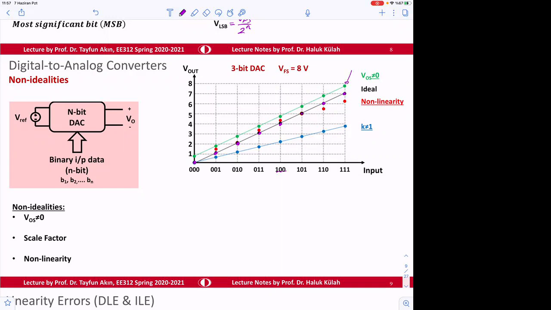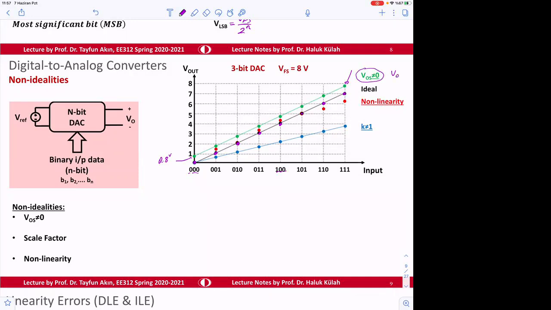But this device, the DAC, might give a signal like this. For example, for 000, the output is not going to be 0 volts, but maybe 0.9 volt, or 0.8 volt, I don't know. Let's say 0.8 volt. But if in each case the output is shifted by 0.8 volt, this is okay, this is not bad.